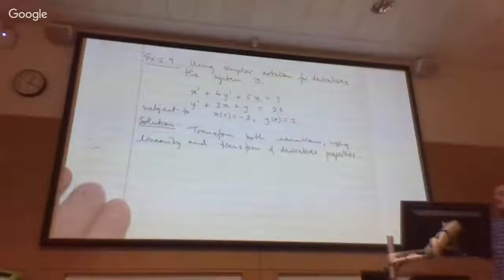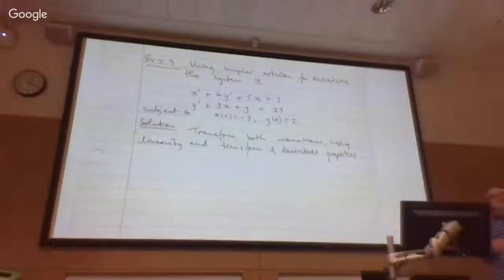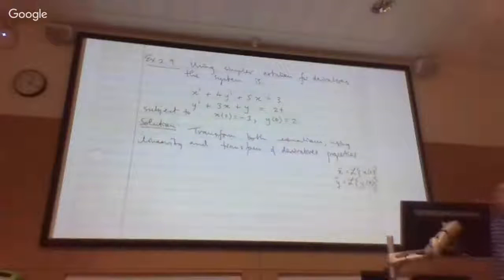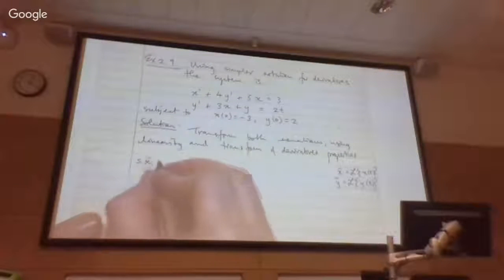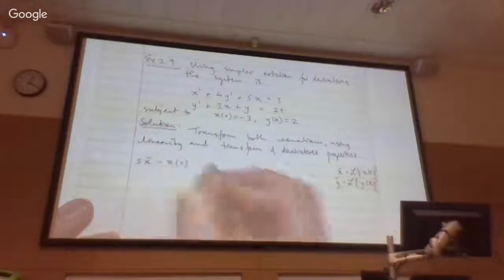Okay, x and y are unknown to me, so I'm going to refer to the transform of x as x bar and the transform of y as y bar. Agreed? So using the transform of derivatives property, the transform of the first derivative is s times x bar minus x of 0.